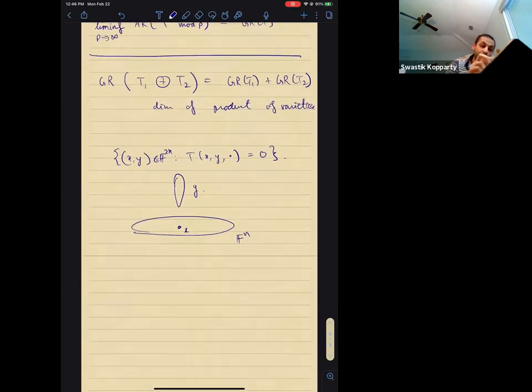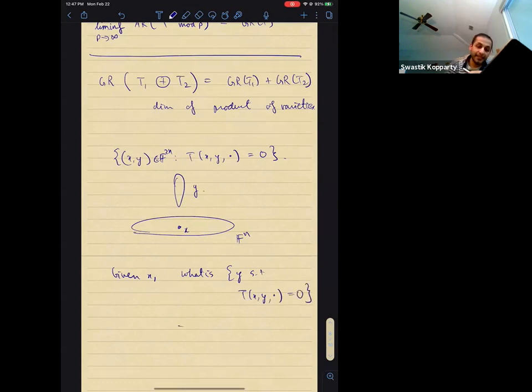Okay, so given x, what is the set of all y such that T of x, y, dot is 0?